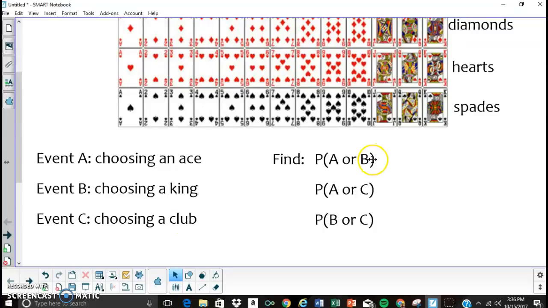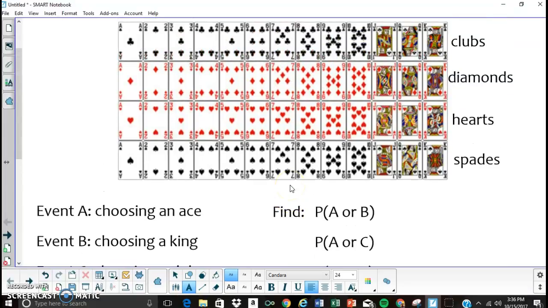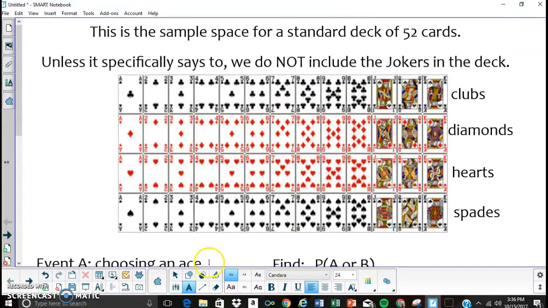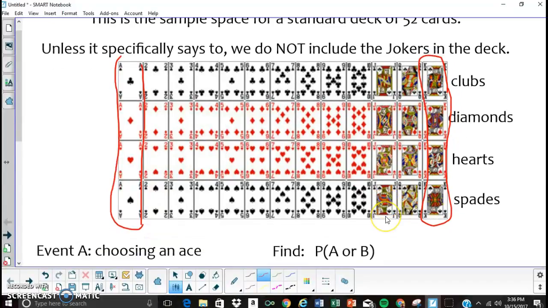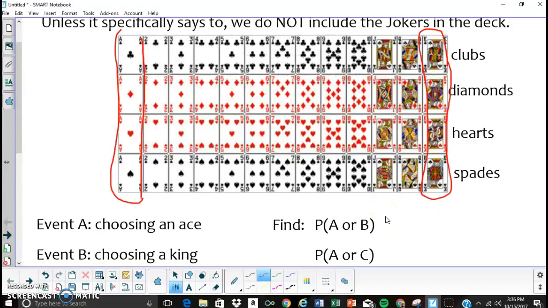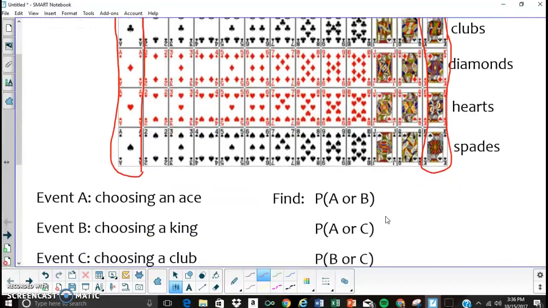So if I'm thinking about finding the probability of an A or a B, an ace or a king, here are all of my aces right here, and here are all of my kings right here. I can see that I don't have any aces that are also kings, so these are mutually exclusive.